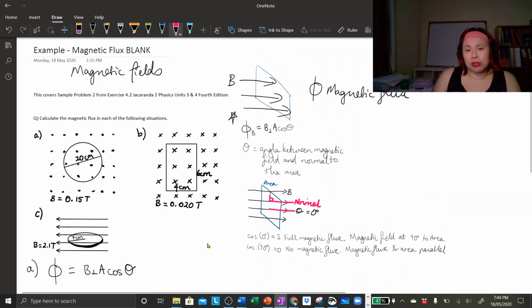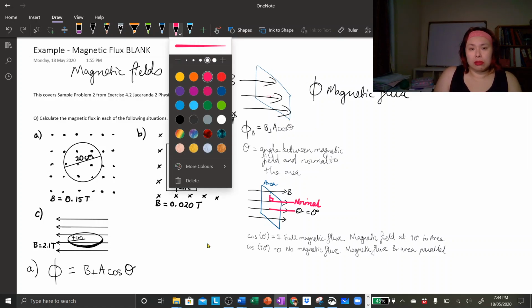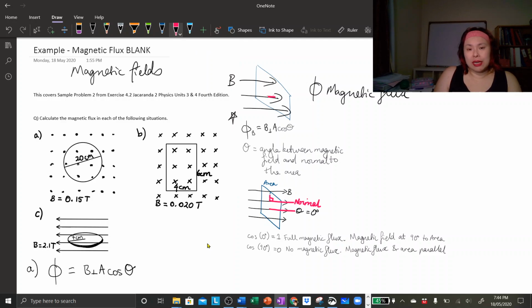First of all, let's establish the normal to the area. The normal to the area will be at 90 degrees to the area. So if we drew a normal line, that will be 90 degrees to the area.